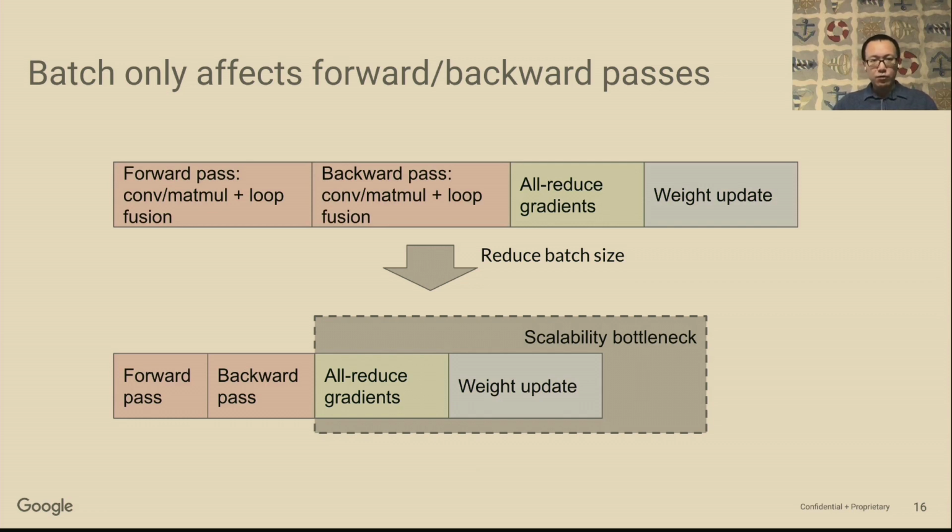However, if you look at the all reduce and the weight updates, because they are operating on the weights instead of activations, batch size does not come into play. So this is the constant part of the training step, and based on Amdahl's law, it will quickly become the scalability bottleneck, especially when the per replica batch size is small.